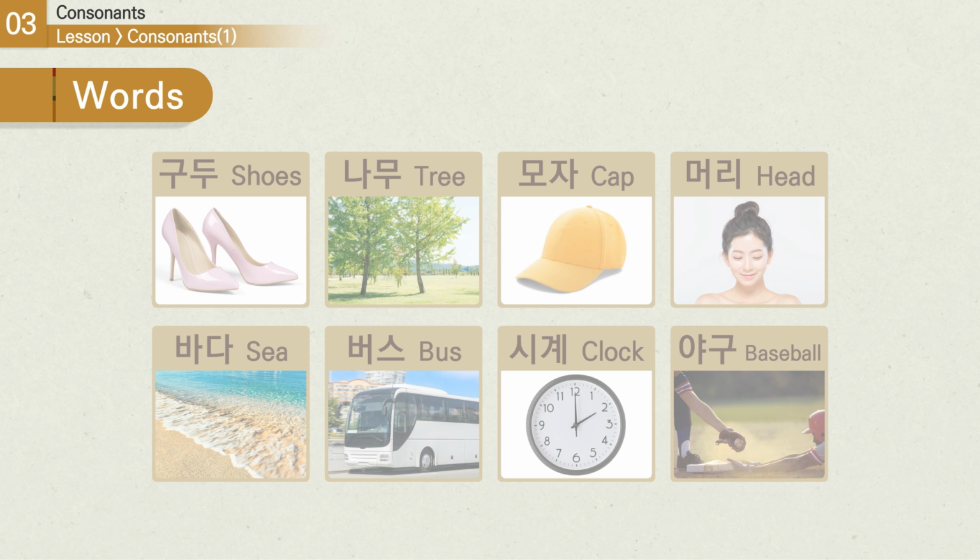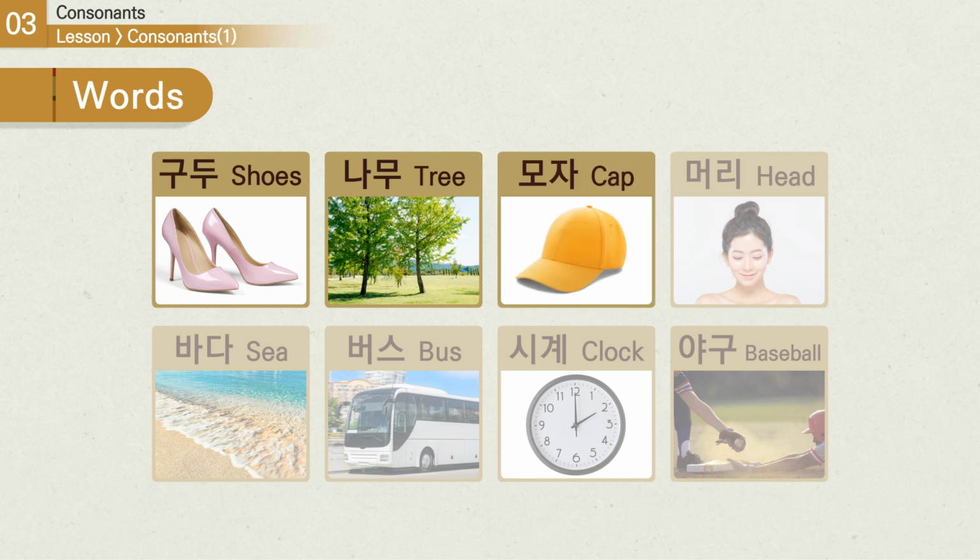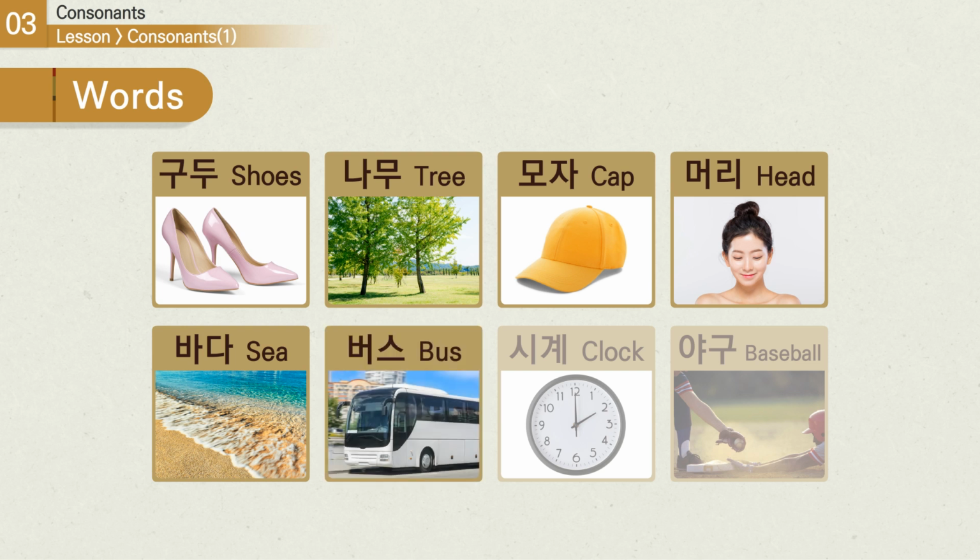While you are reading along with me, think about what each word might mean. 구두, 나무, 모자, 머리, 바다, 버스, 시계, 야구.